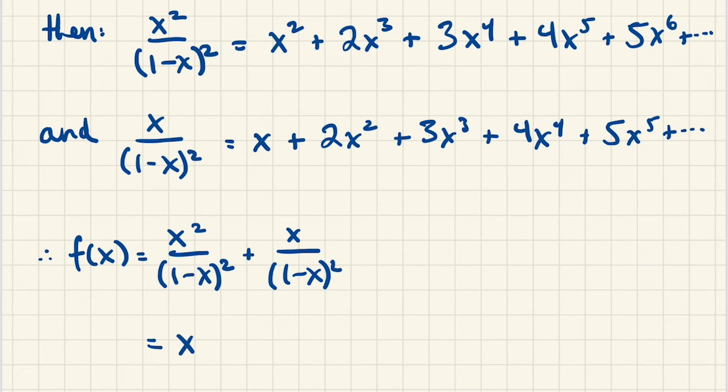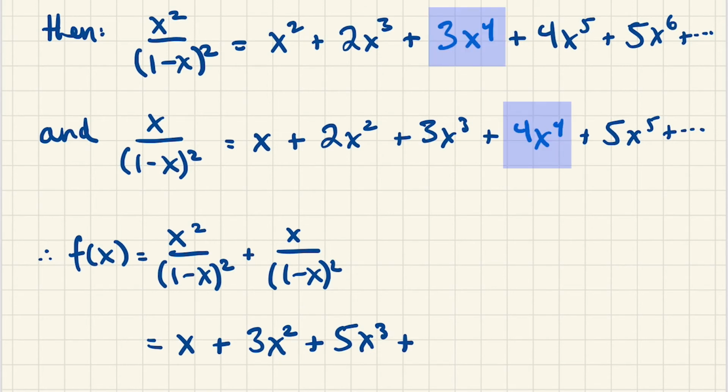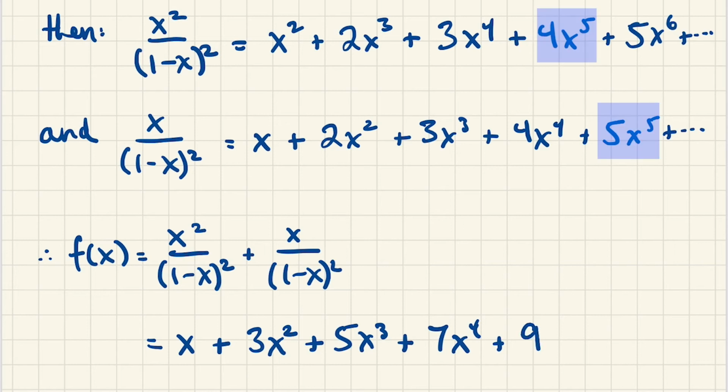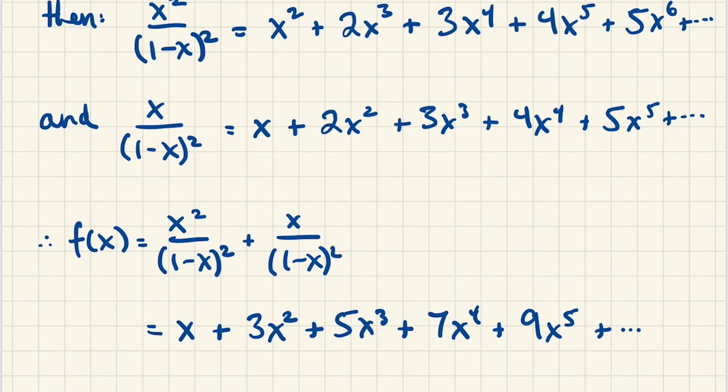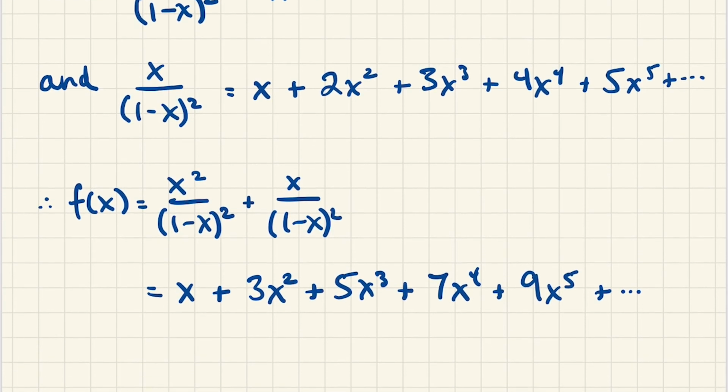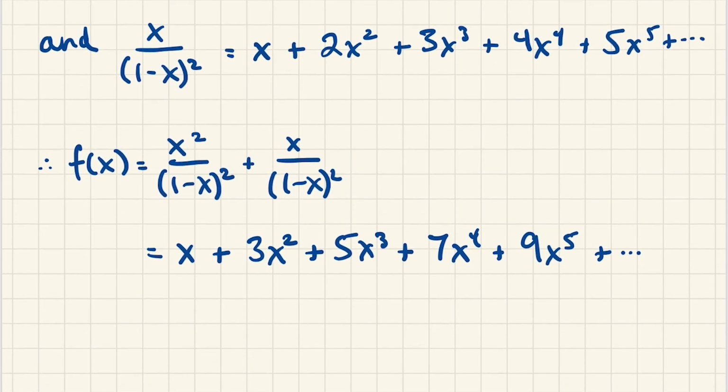So we just add them. Here, x squared plus 2x squared is 3x squared. 2x cubed plus 3x cubed is 5x cubed. 3x to the 4 plus 4x to the 4 is 7x to the 4. And then we can see we're going to get 9x to the 5, etc. So we've done all the work term by term, not in the sigma notation.